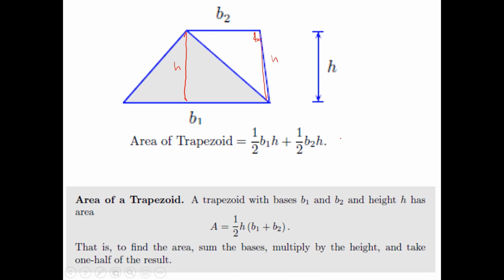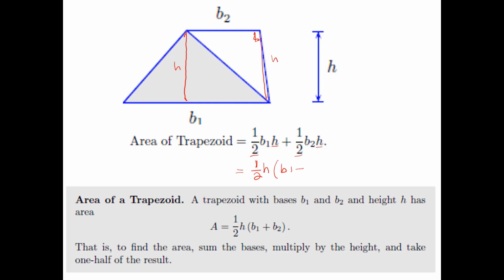And what happened in this case is that we had common factors, see they are the same, so we can do the opposite of distributing. We can pull 1/2 h out of the expression because we had the same h.